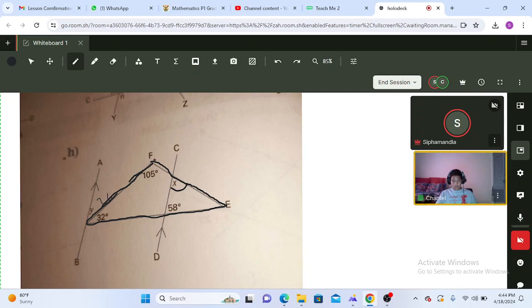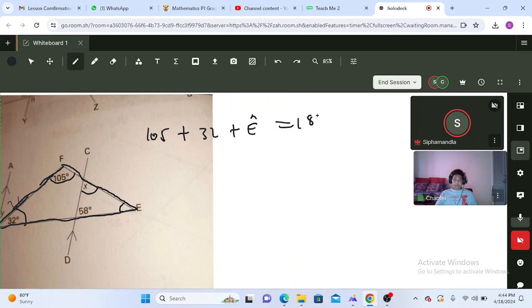I have that big triangle, and I know that if I'm adding the three angles of a triangle, they must give me 180 degrees. So if I'm adding 105 degrees plus 32 degrees plus angle E, that must give me 180 degrees.